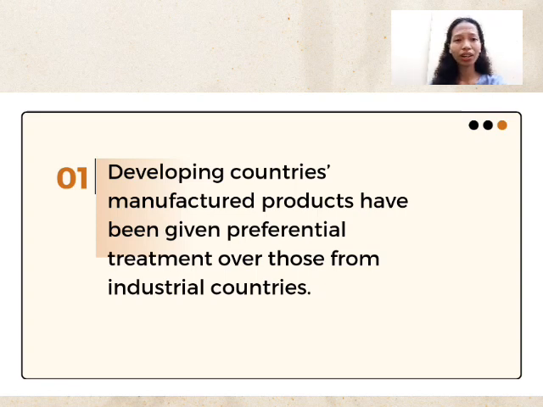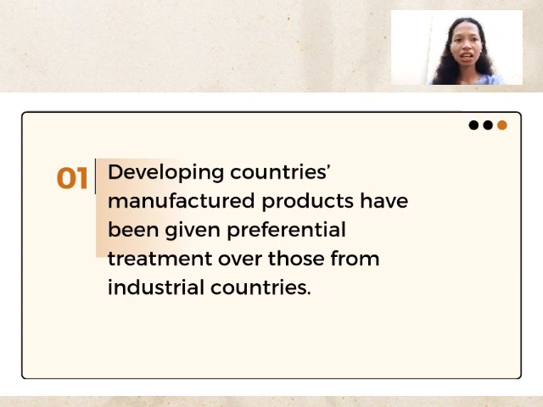One example of this is the Generalized System of Preferences or GSP program in various countries. The GSP is a trade preference program that grants developing countries, often in sectors like agriculture, textiles, and manufacturing, preferential access to the markets of developed nations.